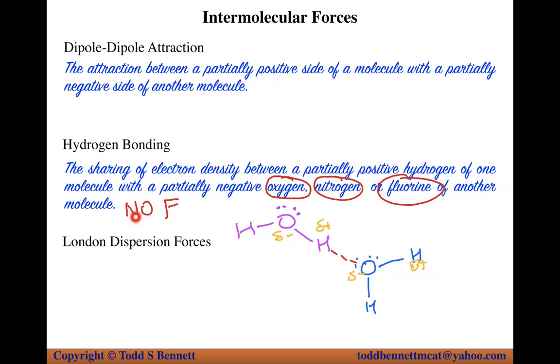So if you know hydrogen bonding is when H is bonded to an N, an O, or an F, it's got a big enough plus to accept the lone pair from whatever atom donates to it. And typically it is N, O, and F of another molecule from a hydrogen bond.